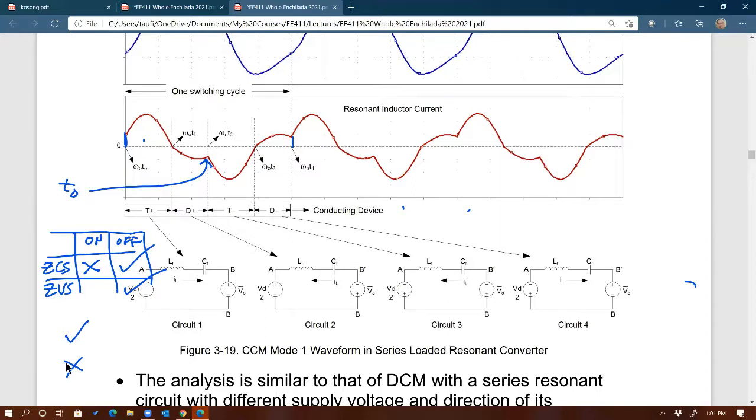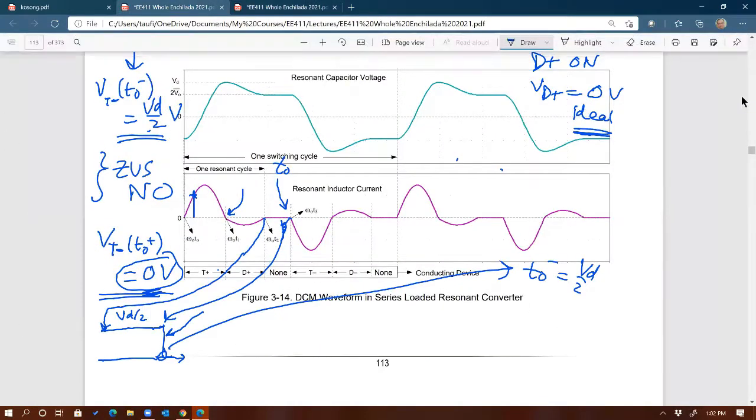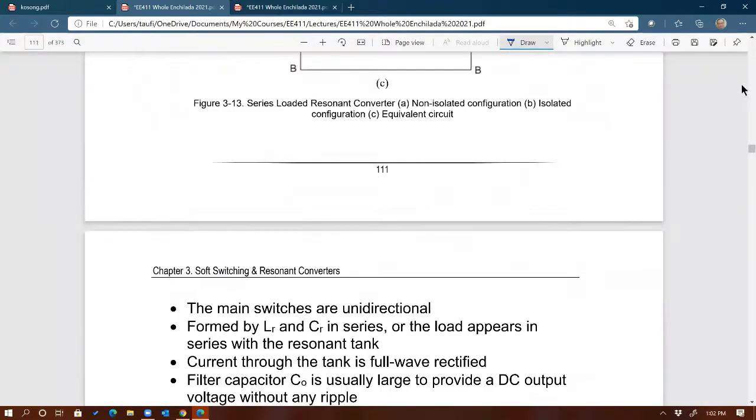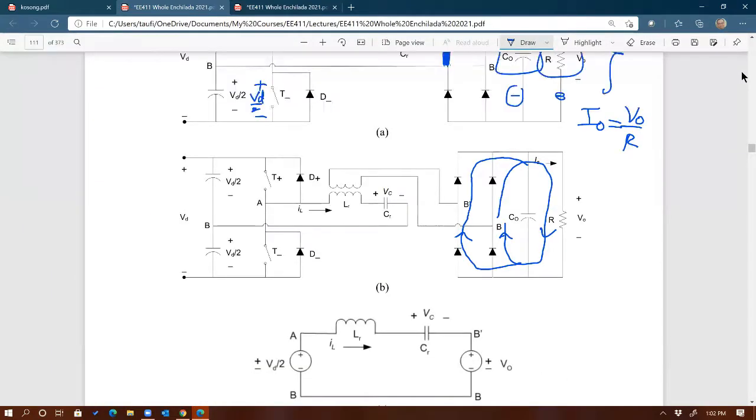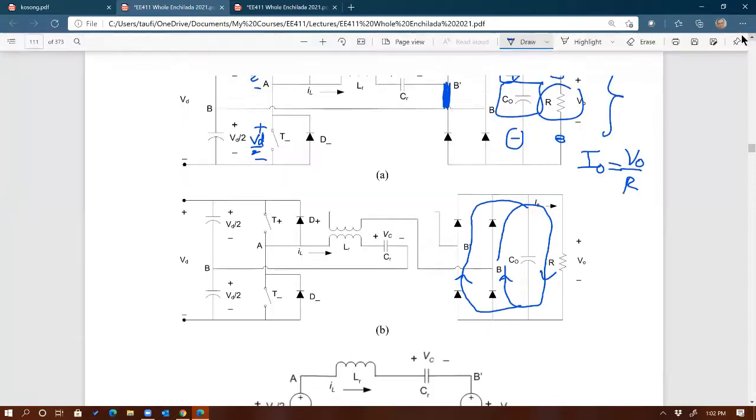Take a look at what conducts before and what conducts after. Be careful. Before I turn on T minus, the other diode is conducting before. Yes. Oh, that's why you said it matters which. I see. So if I go back to this circuit right here, what happens is that before I turn on T minus, which one conducts?